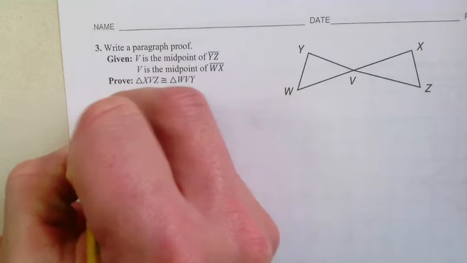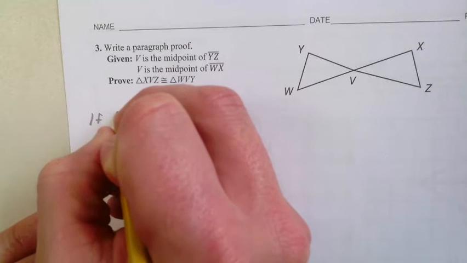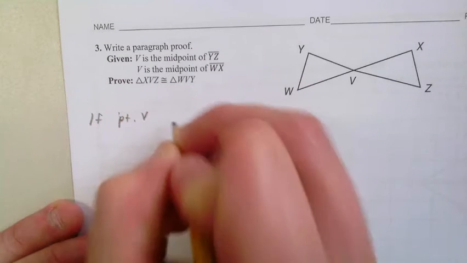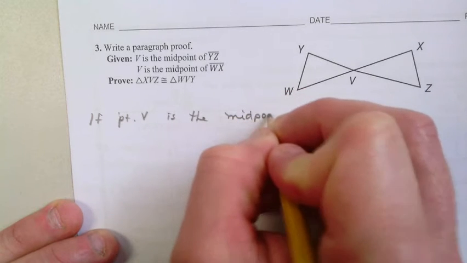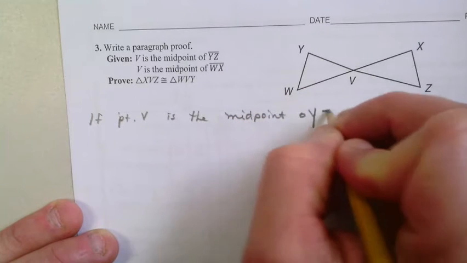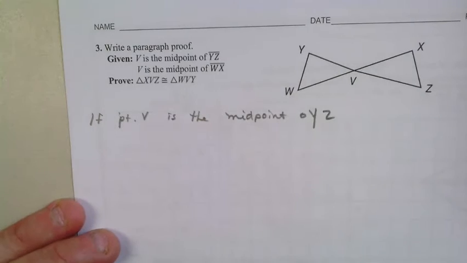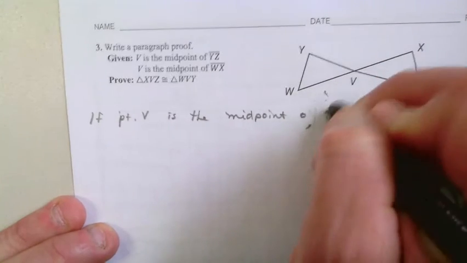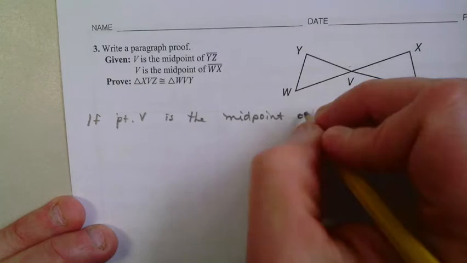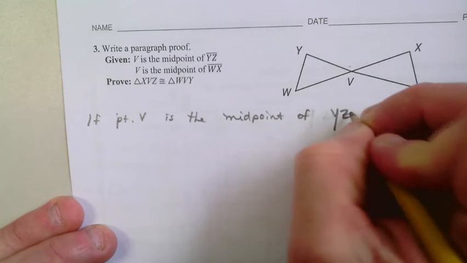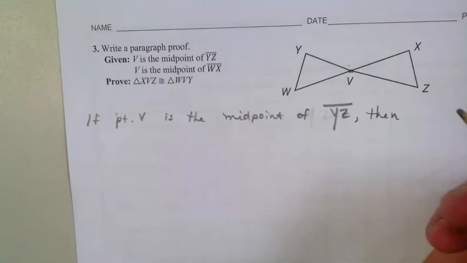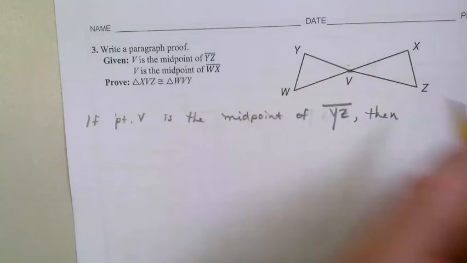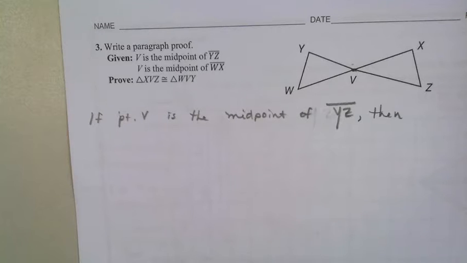I'm going to say if point V is the midpoint of YZ, and folks, be thinking to yourself here, what would have to be true if V is the midpoint of YZ? I'm going to tell you right now, it doesn't look like it, but that's what they're telling us.